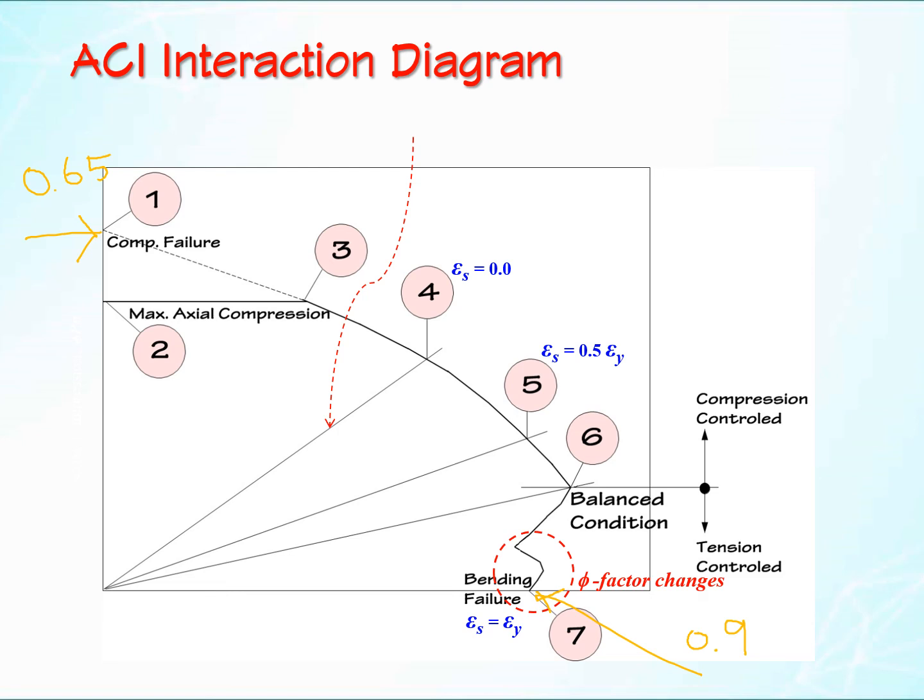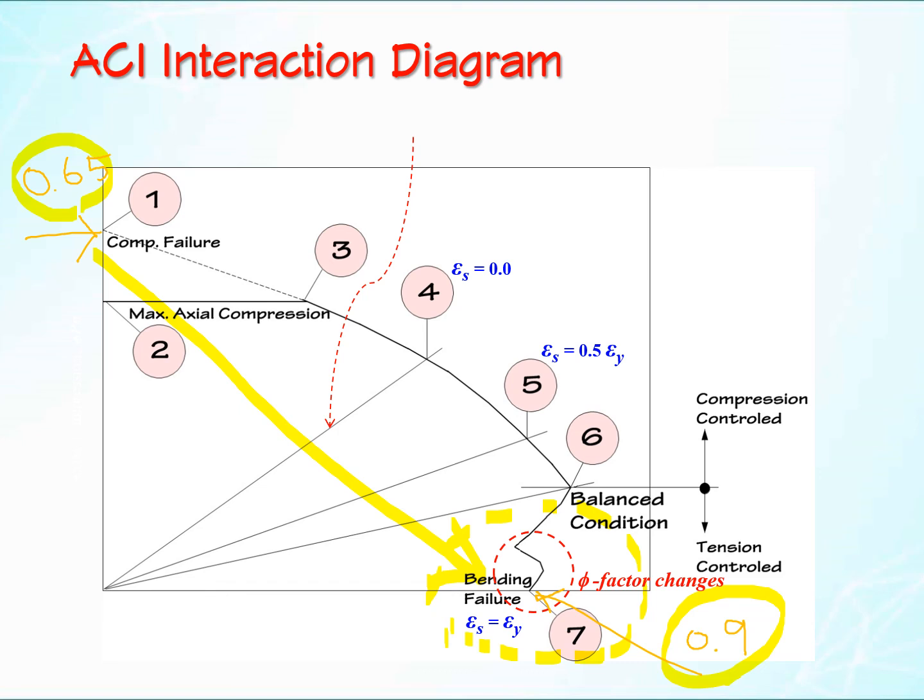So as you move from here to here, your phi factor will change from 0.65 to 0.9. So in this region for tension control, there must be some break there. Okay, memorize this. Why do we have this break? Because my phi factor changes from 0.65 to 0.9.